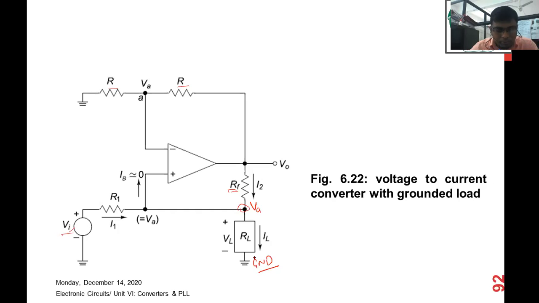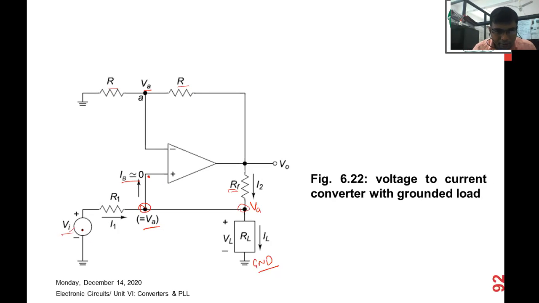Now, if you analyze this circuitry for the grounded load, you would find that the voltage at node A is VA, and due to the virtual ground concept, the voltage at this node would also be VA. Okay, and as we know that IB is always 0, because no current enters this particular op-amp.